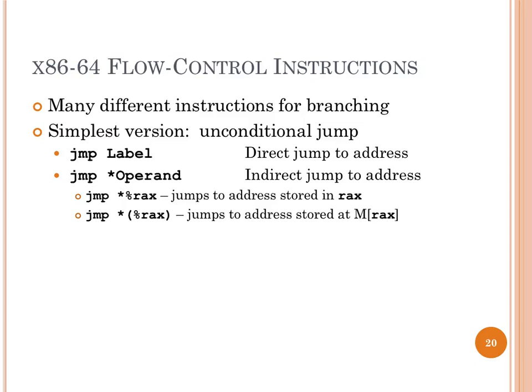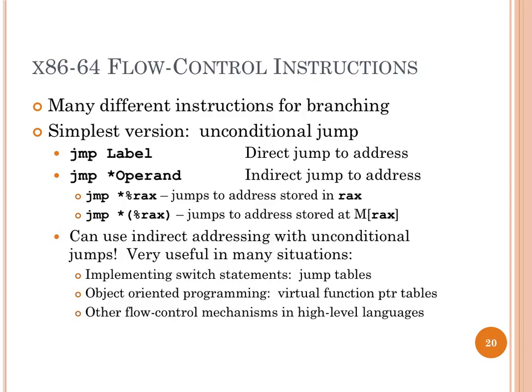Okay? This is super nice for implementing virtual functions if you happen to be compiling C++ into machine code. That's nice. It's also really clever for doing switch statements. Okay? So there's a whole bunch of neat stuff you can do. You could implement continuation passing.